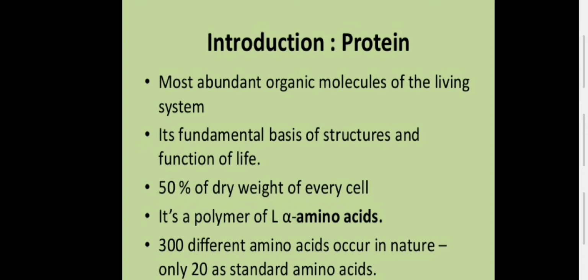And when we say polymer, it is a material made of long repeating chains of molecules. As we all know, a polymer is made up of long repeating chains of molecules in the structure of every biomolecule or organic compound. It is also said that 300 different amino acids occur in nature, but inside your body only 20 are the standard amino acids.